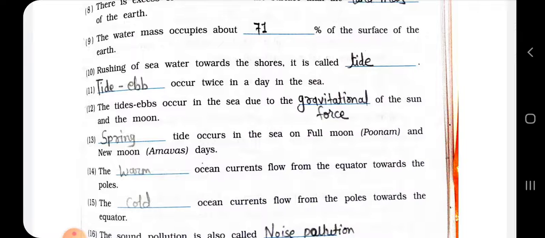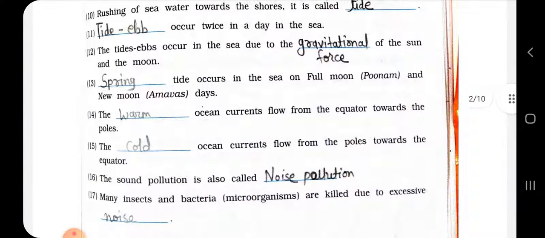Rushing of sea water towards the shores is called tide. Tide and ebb occur twice in a day in the sea. The tides and ebbs occur in the sea due to gravitational force of the sun and the moon.